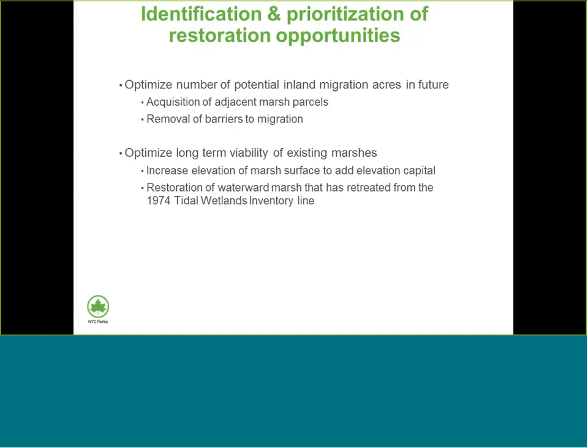Then we also want to optimize long-term viability of the existing marshes and their existing footprints. And the approaches for that would be increasing elevation at the marsh surface to add elevation capital, and then also restoring or building back the waterward loss from back to 1974.